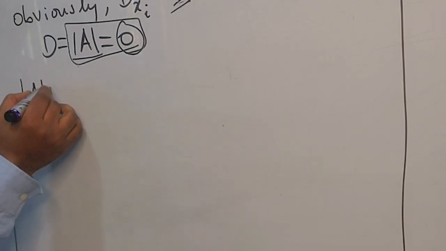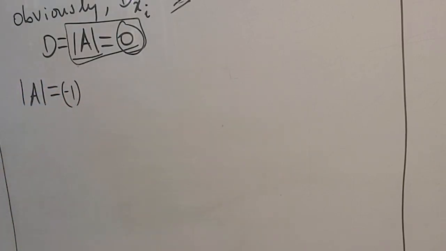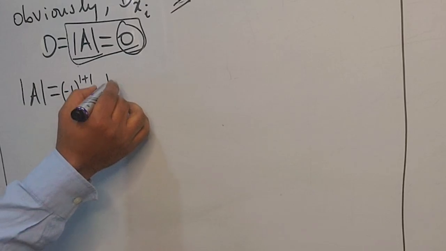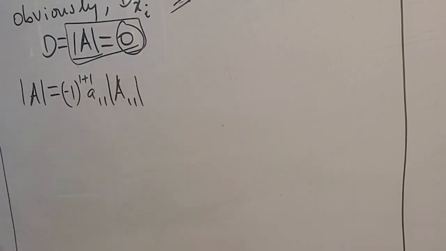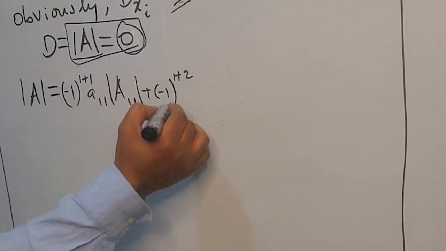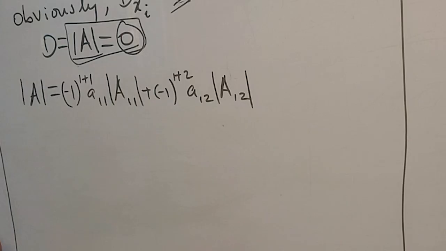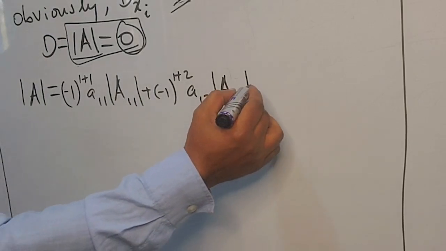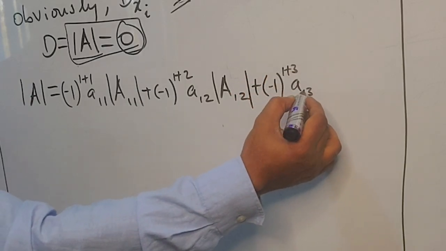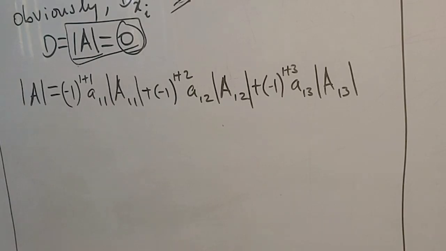Determinant of matrix A is equal to -1 raised to 1 plus 1, A11, determinant of the matrix obtained by omitting first row, first column, plus -1 raised to 1 plus 2, A12, determinant of A12, the matrix obtained by omitting first row and second column, plus -1 raised to 1 plus 3, A13, determinant of A13, omit first row and third column.